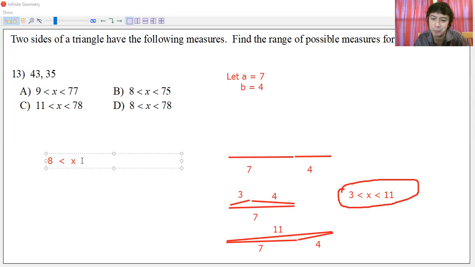Now, x must be less than that. And this must be the answer. We have to choose this from the choices. It looks like we're going to select letter D. So this is our answer.